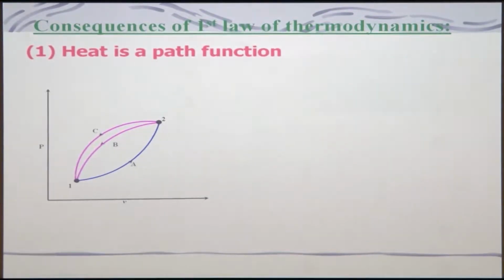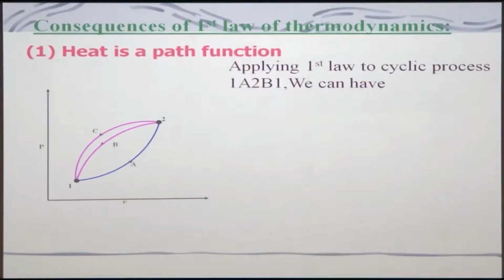I can apply the first law of thermodynamics for the cycle 1A2B1, and I can also apply it from state 1 through A to 2 and take another path from state 2 through C to state 1. I can apply the first law for both cycles between the two state points.